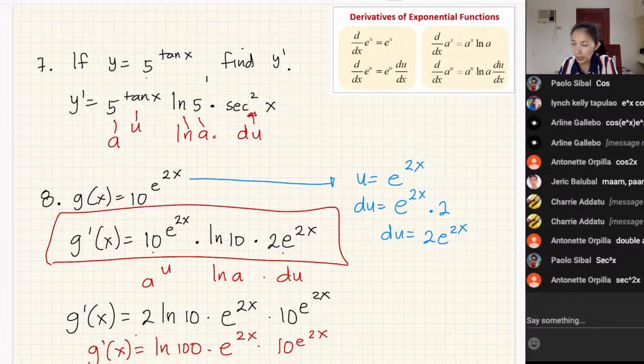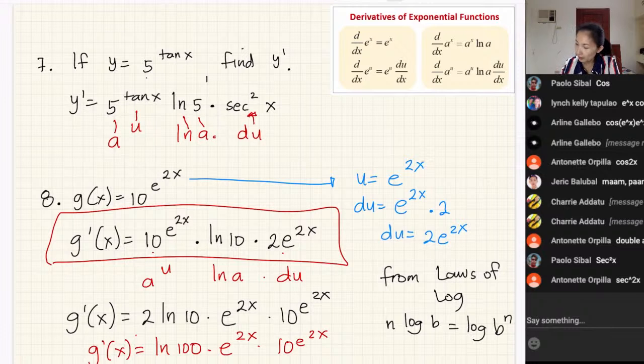Where did I get 100? From your laws of logarithms. Let me write here. From laws of logarithms, that n log of b is equal to logarithm of b raised to n.